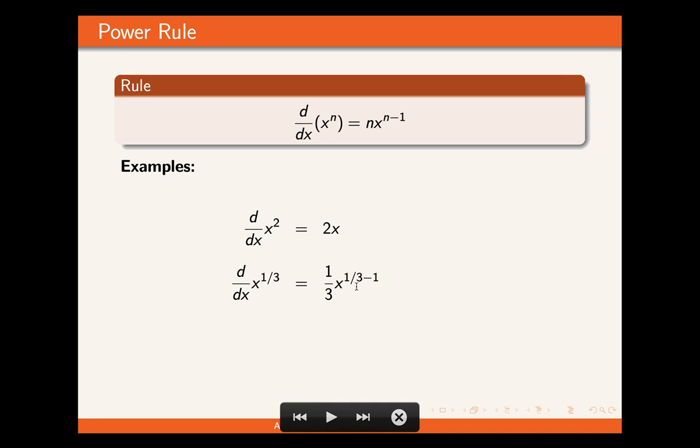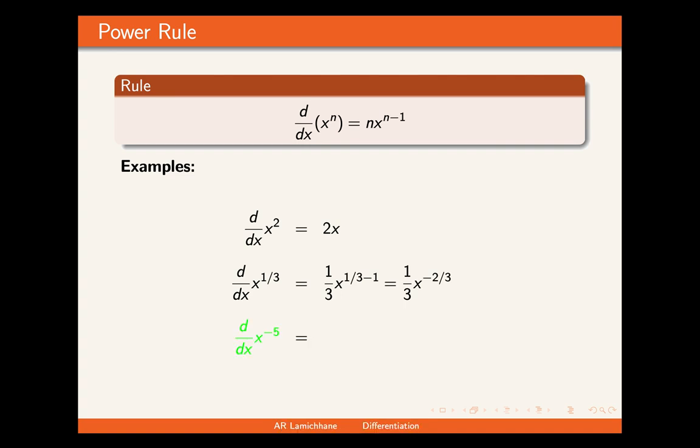In the power we have 1/3 minus 1, so when we simplify we get 1/3 as the coefficient, x as it is, and 1/3 minus 1 is negative 2/3. So the derivative of x to the power 1/3 is 1/3 x to the power negative 2/3.